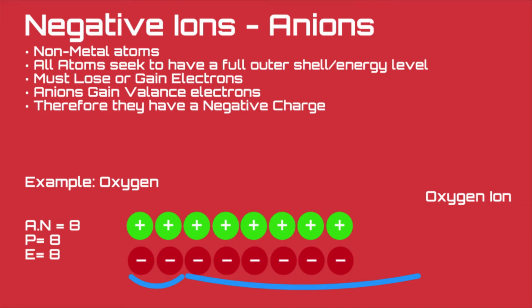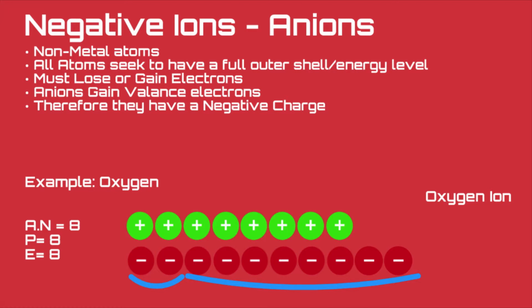As you can see, and because of the rules we learnt in our last video, we have space for 2 more electrons. It is far easier for an oxygen atom to gain 2 more electrons to make up a full outer shell than to lose all 6 in its valence shell. We therefore add 2 to oxygen to make an oxygen ion.